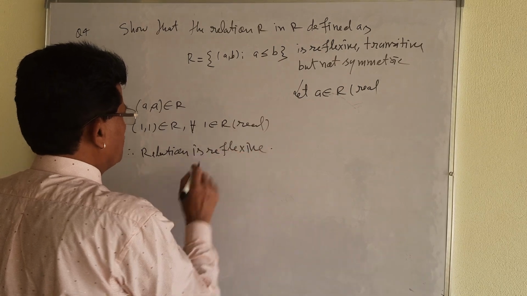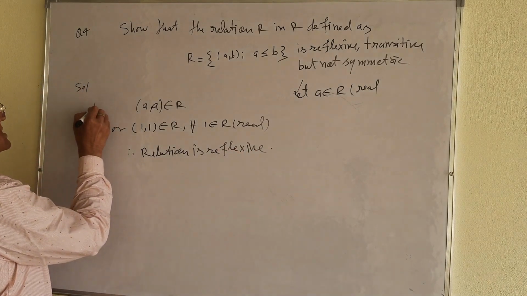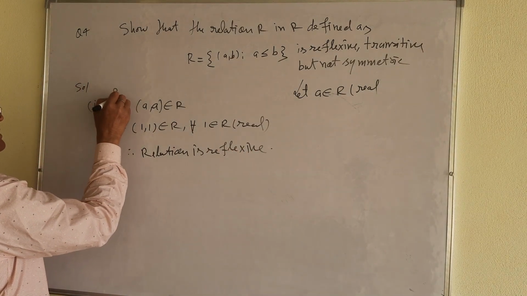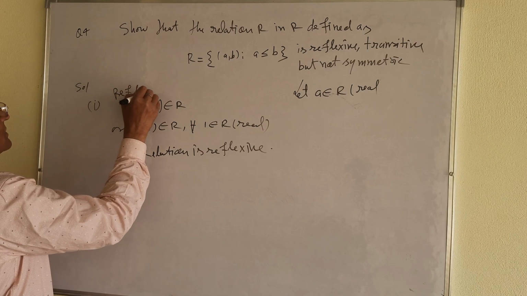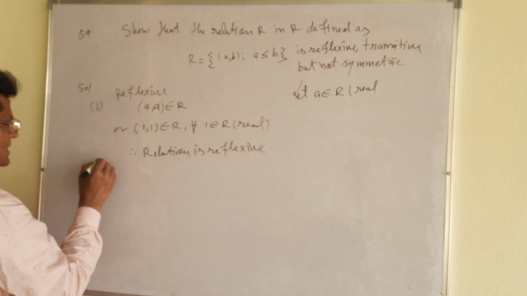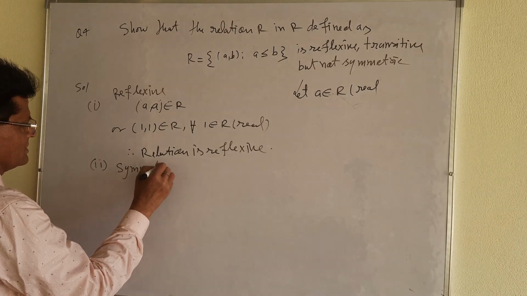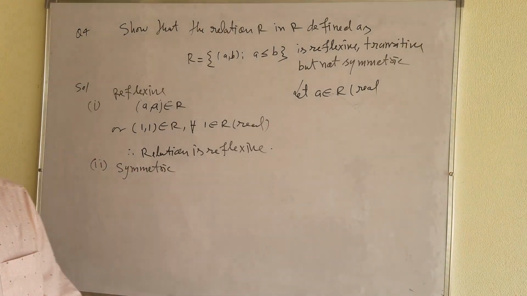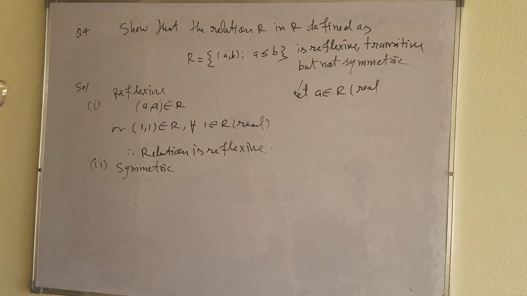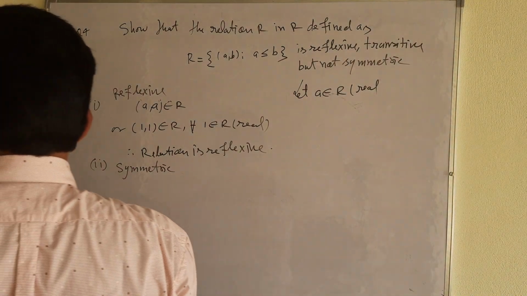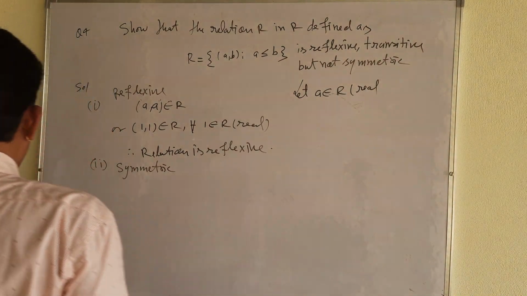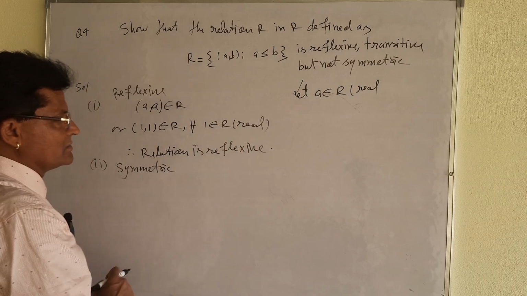See carefully, there should not be confusion. This is the first case for reflexive. Let me take the second case, symmetric. See, my dear student, whether it is symmetric or not, and you must see the condition.